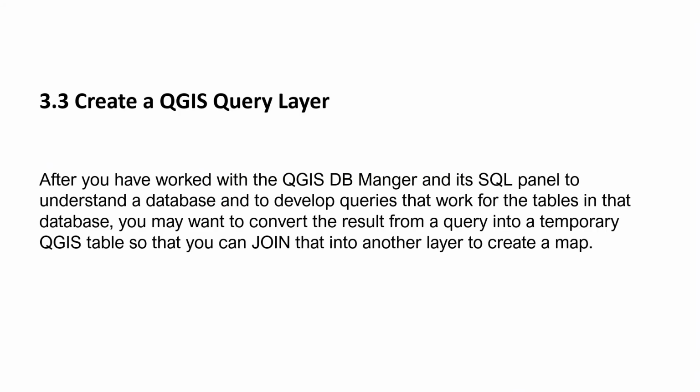After you have worked with the QGIS DB Manager and its SQL panel to understand a database and to develop queries that work for the tables in that database, you may want to convert the result from a query into a temporary QGIS table so that you can join that into another layer to create a map.